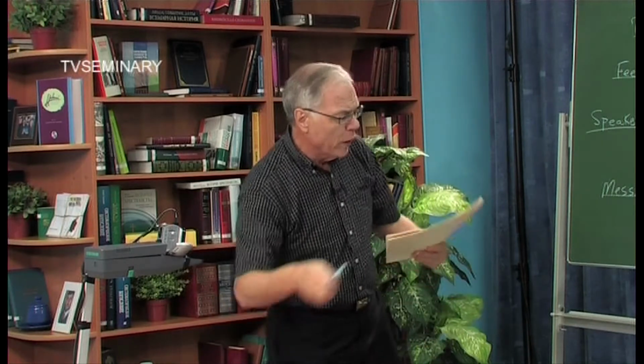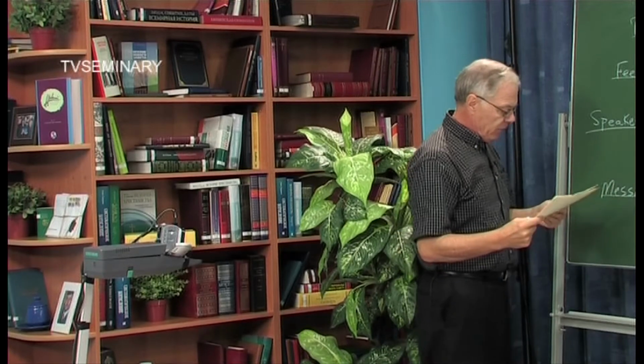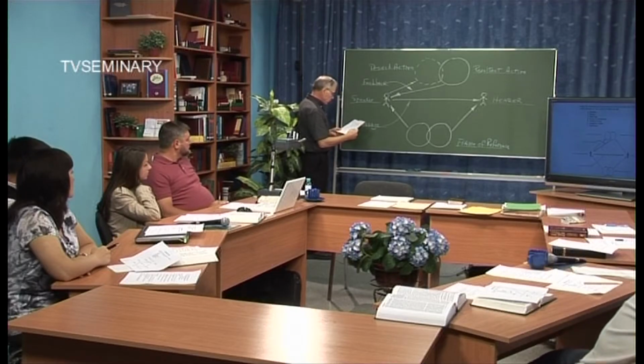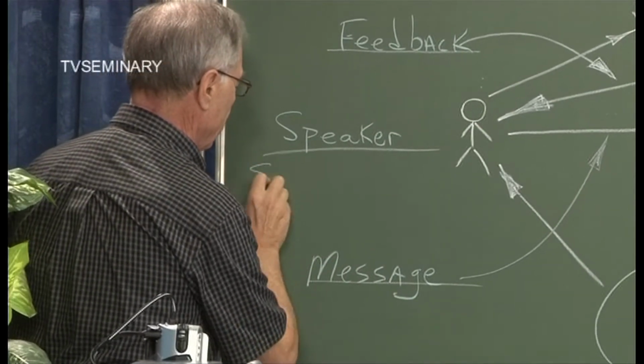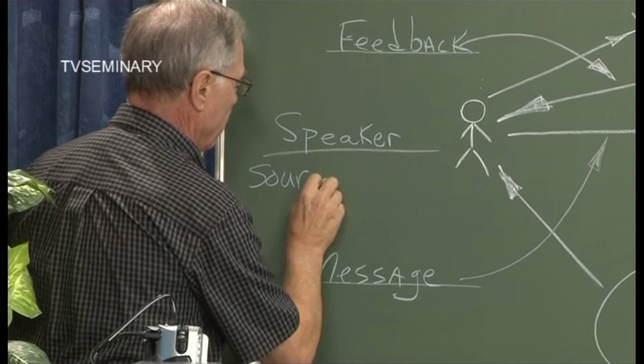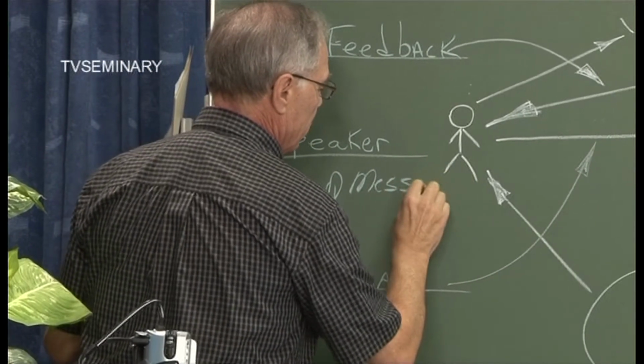Okay, this is our primary way in which I think virtually everybody communicates. So we have the speaker, which is the source of the message, or the source of communication.